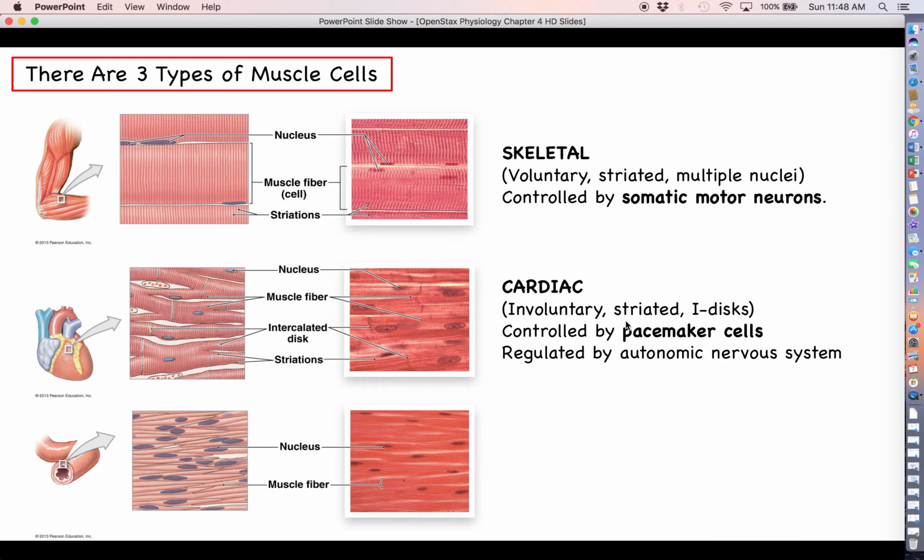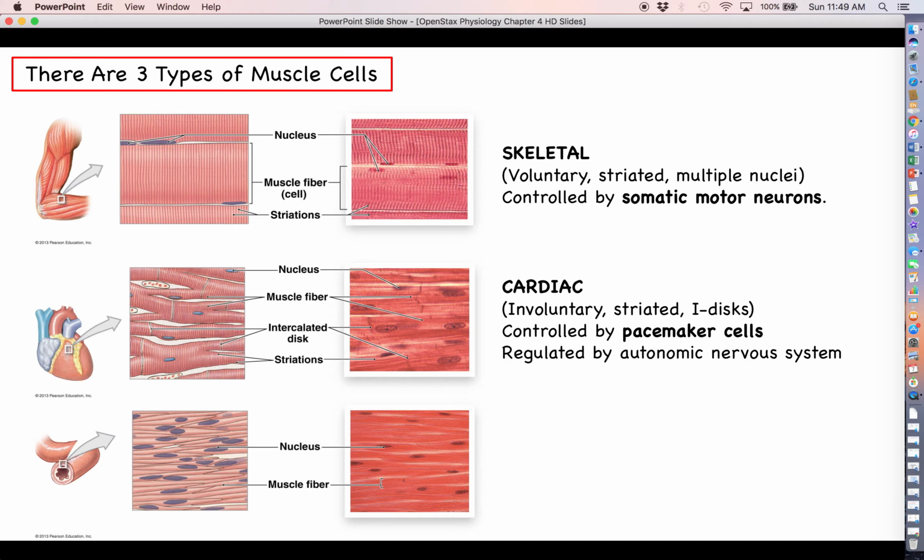Cardiac muscle is actually also striated, as you can tell from the leftmost cartoony figure. Practically speaking, looking under the microscope, the striations are a little bit harder to see, but the fact that cardiac muscle and skeletal muscle are both striated is going to tell us a lot about how similar they are in terms of their protein structure, in terms of how the muscle fiber is made up.